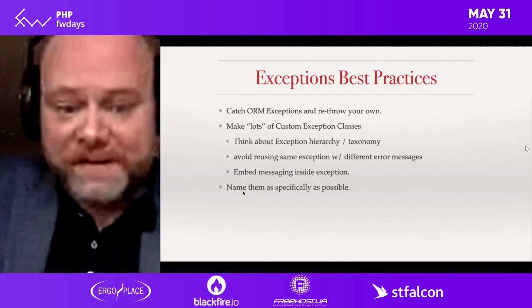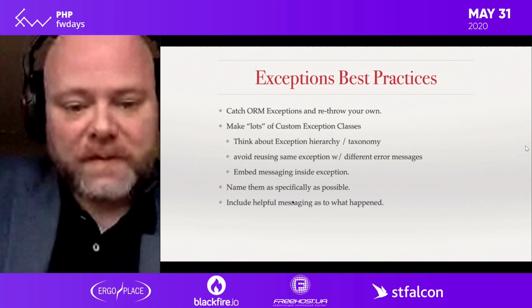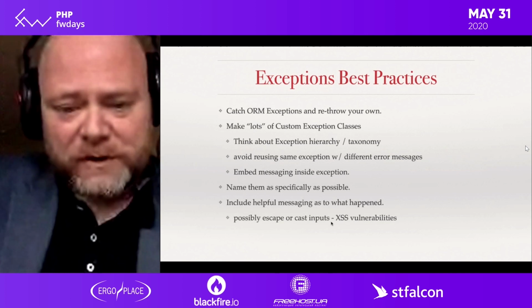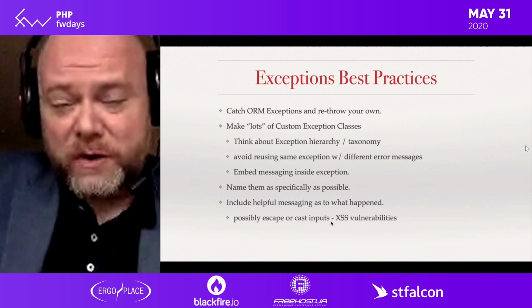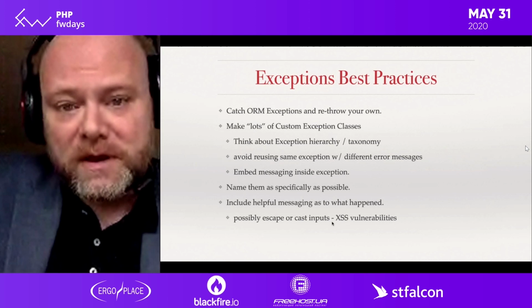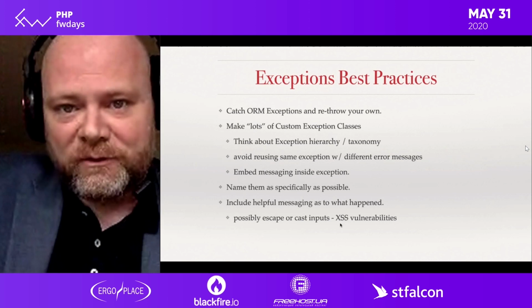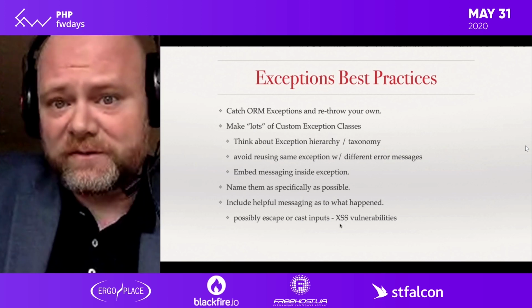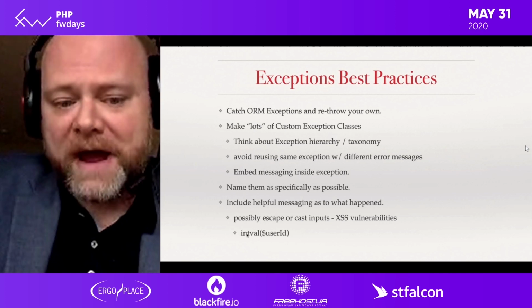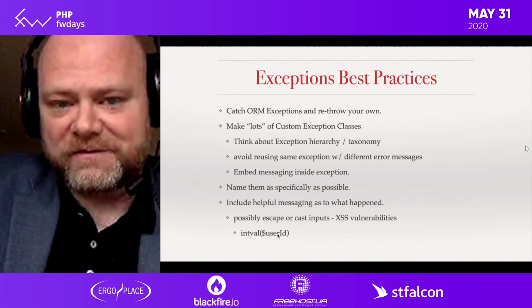Product not found exception, for example. And like I mentioned earlier, if your exception echoes information that was passed to your code, try to be mindful of cross-site scripting vulnerabilities, for example. So I will wrap my user ID into an int value.